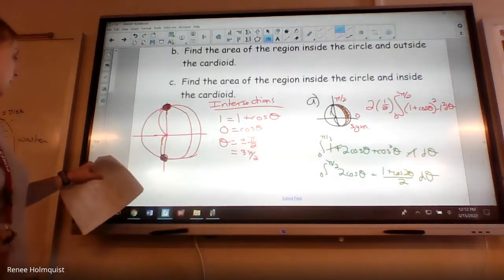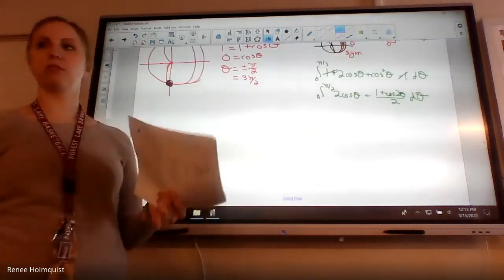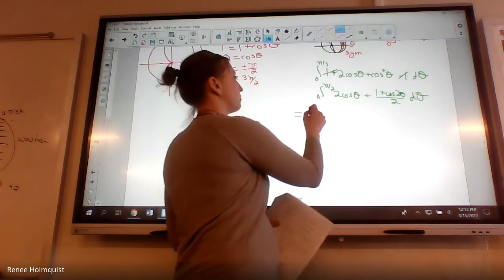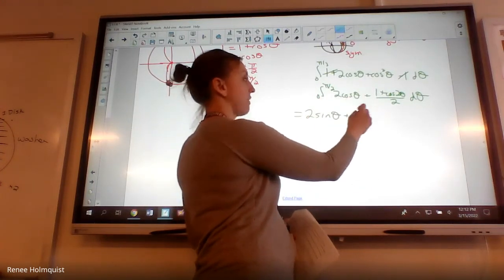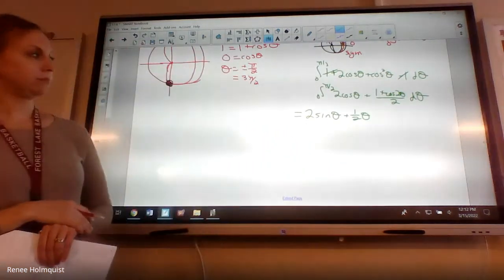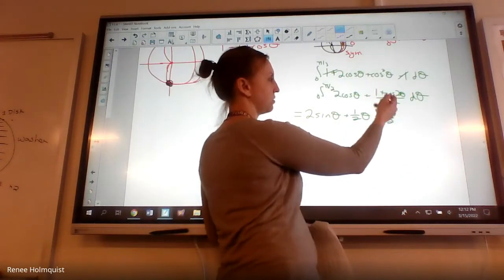Okay, and then if I split up the half, so it's a half plus cosine 2 theta over 2, I can take my antiderivative. So I have 2 sine theta. The antiderivative of a half would be a half theta. The last term there, I have a half because there was the divide by 2.